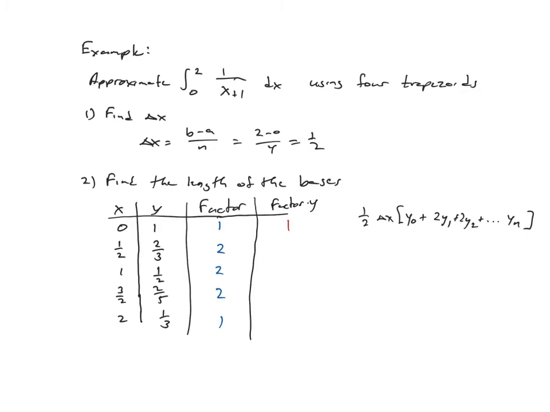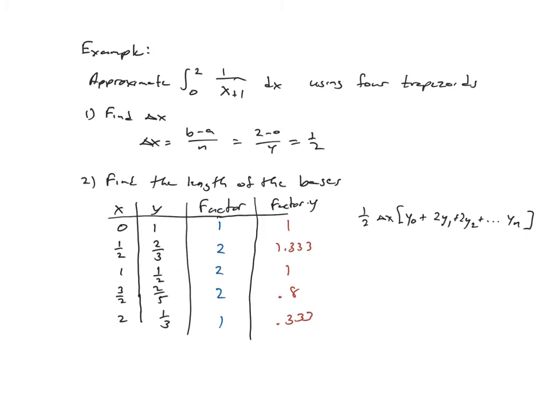Then I'll get 4/3, which would be 1.333. The next one, I'll get 1. And the next one, I'll get 4/5, which is 0.8. And then the last one, I get 1/3, which is then 0.333.